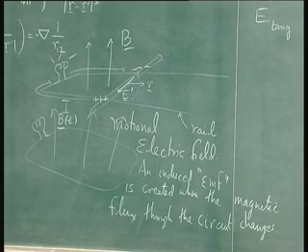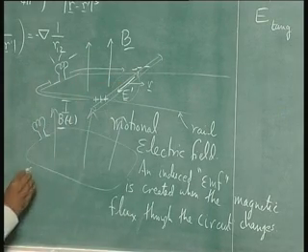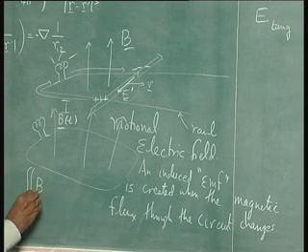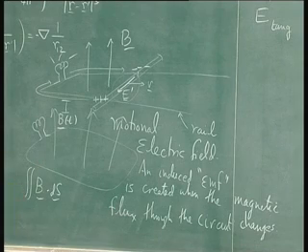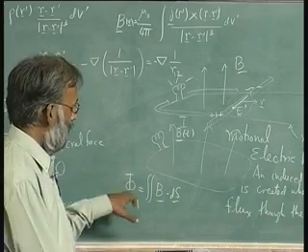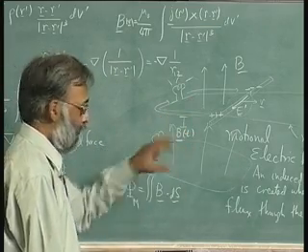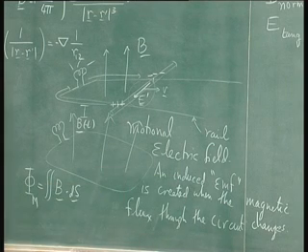That is to say, if you take this circuit or this circuit and you calculate the surface integral B dot dS, this is what we define as magnetic flux phi_m. If you calculate the magnetic flux, and if phi_m is not a constant in time, if it changes with time, an induced EMF is created.